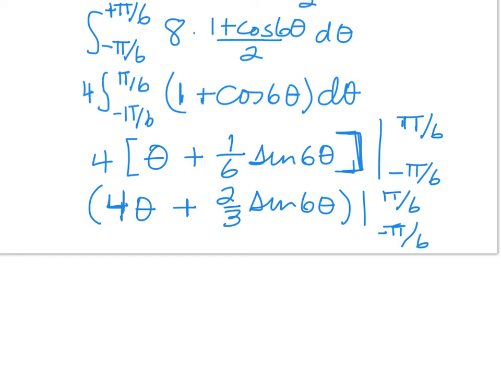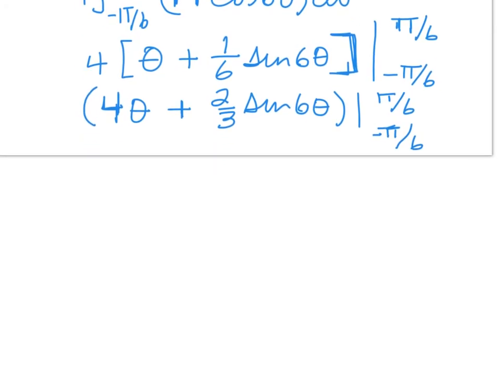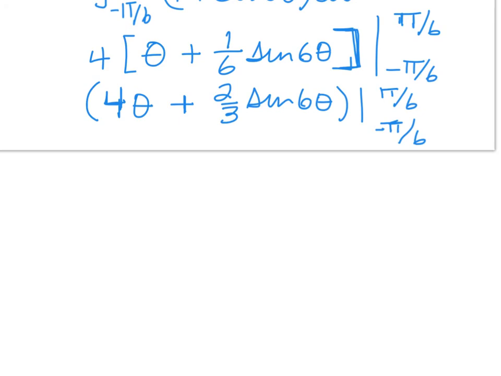So first we evaluate at pi over 6. And we get 4 times pi over 6, which is 2 pi over 3, plus 2/3 times the sine of 6 times pi over 6. Well, 6 times pi over 6 is pi. And good news here, sine of pi is 0.